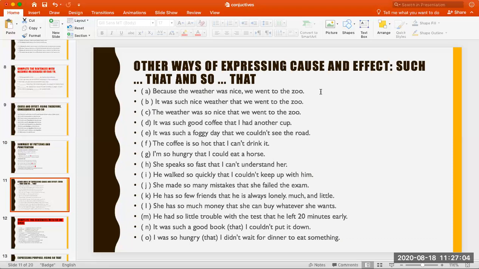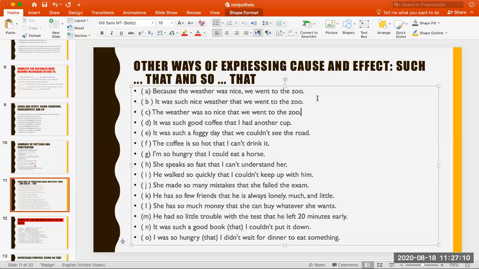So the rule is such plus adjective plus noun, and then optional that, and then a clause.